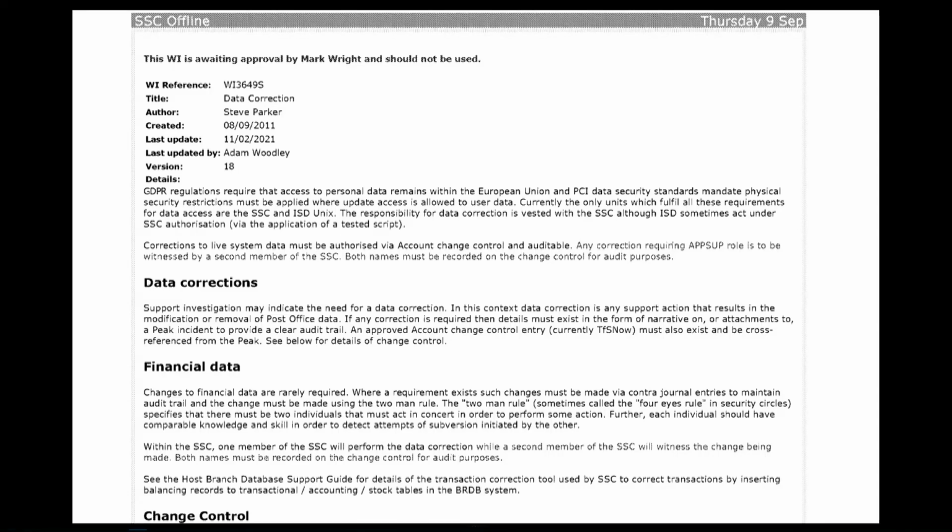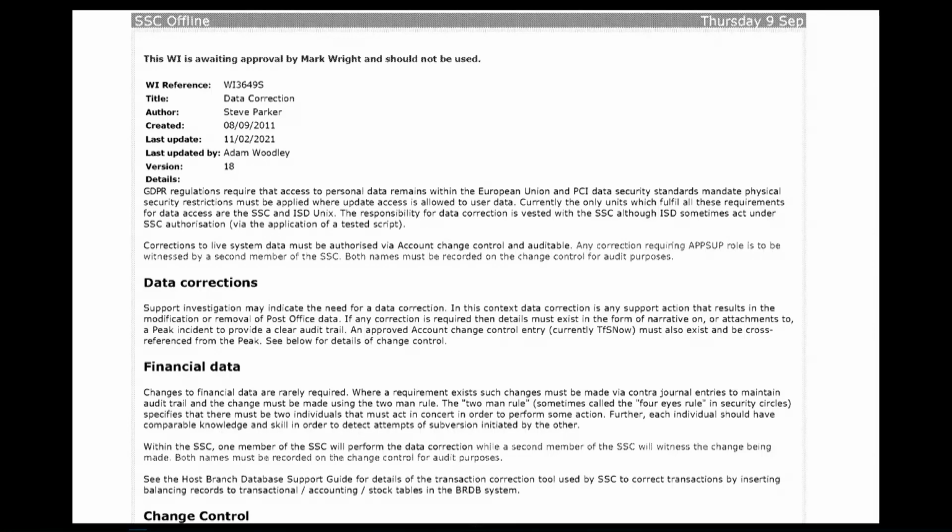Then financial data, changes to financial data are rarely required. Where a requirement exists, such changes must be made via contra-journal entries to maintain audit trail, and the change must be made using the 2-man rule. The 2-man rule, sometimes called the 4 eyes rule in security circles, specifies that there must be 2 individuals that must act in concert to perform the same action.